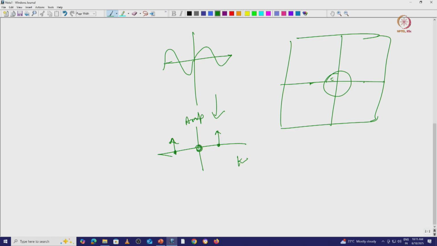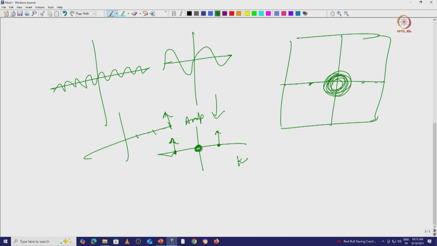At the center you will get a very white spot, and then there will be two dots in two different positions. So here also you will get that dot. At the center you will get a very bright white spot, and then you will get those dots. When the frequency is more, if we just consider k equals 3, and we want to plot that one, we are plotting frequency k here.